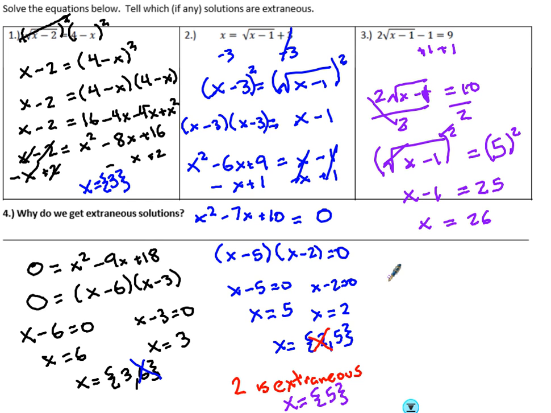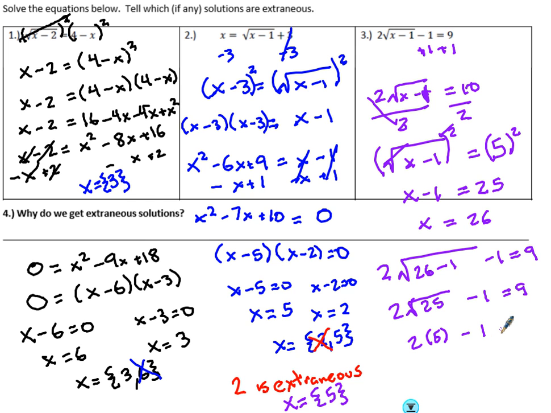Plugging it into the equation to check if that is a solution. 2 times the square root of 26 minus 1 minus 1 equals 9. 2 times the square root of 25 minus 1 equals 9. 2 times 5 minus 1 equals 9. 10 minus 1 equals 9. 9 equals 9, which means 26 is the only solution, and it is a real solution.